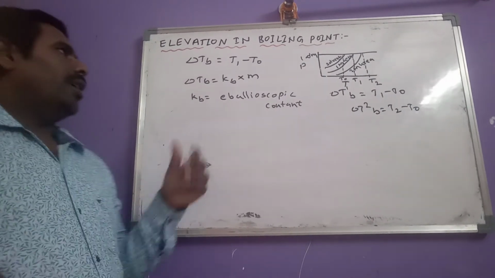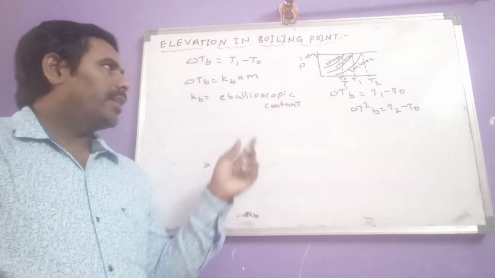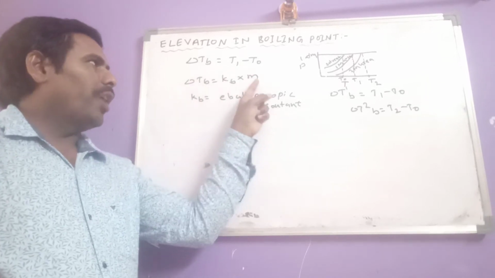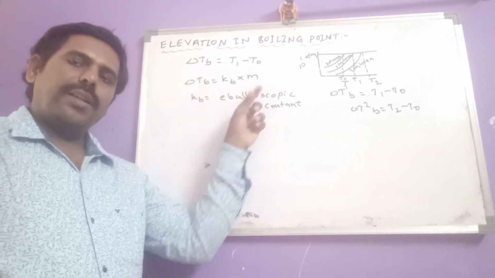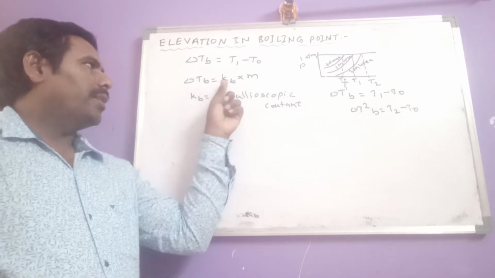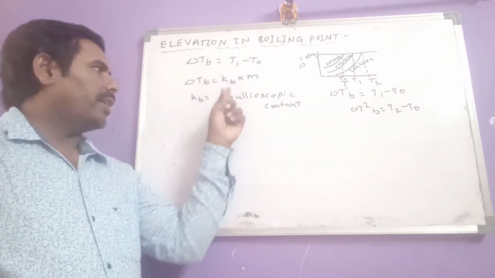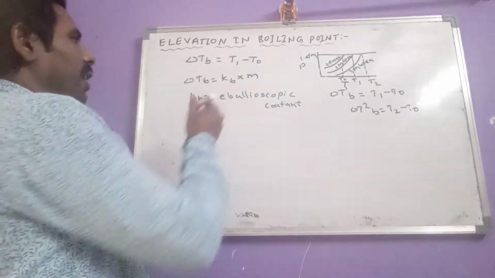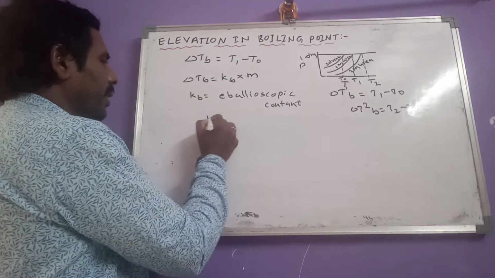So how can we define this? The elevation in boiling point of a 1 molal solution is known as the molal elevation constant or ebullioscopic constant. And what are the units of KB here?